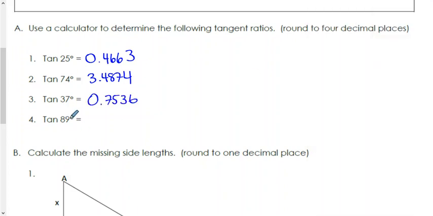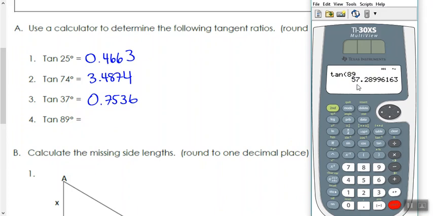And lastly, tan of 89, put it into your calculator and get 57.28996. So I'm going to write this out.